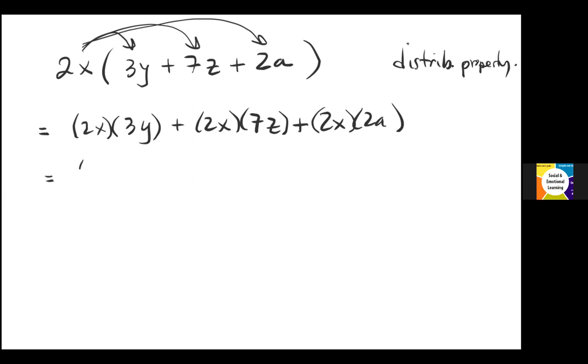So 2 times 3 is going to give us 6, and then we write the variables there. And 2 times 7 is going to give us 14, and then we write the variables xz. And 2 times 2 is going to be 4, and we can write the variables x and a. Cool.